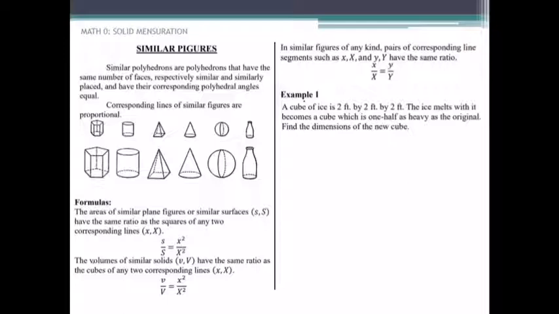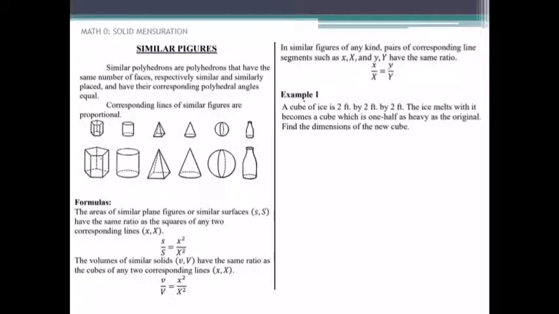Corresponding lines of similar figures are proportional. So it is important that when they are similar, their corresponding lines are proportional. As you can see, they are proportional, only the size matters. One could be smaller and one could be bigger.